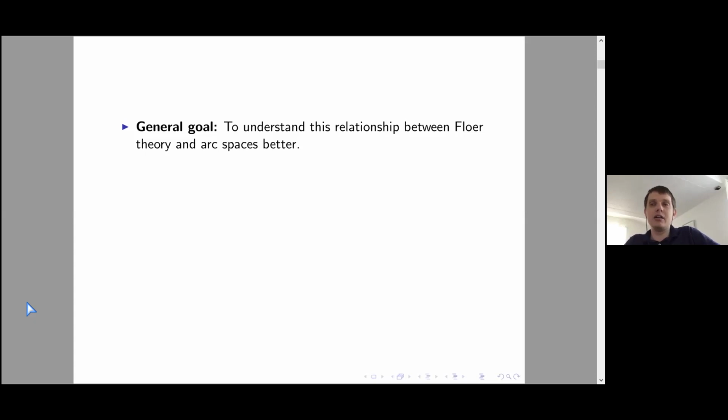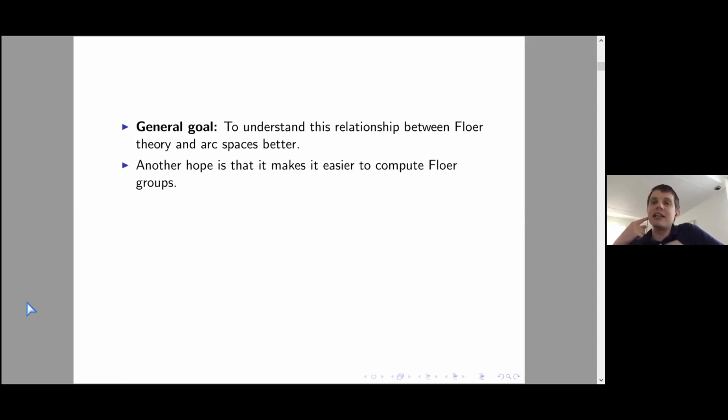But I'll explain some more general things at the end, although I don't think I'll have enough time to explain it, but we can always discuss some things afterwards. One hope is that it should make it easier to compute some Floer groups, a little bit easier, maybe not as easy as I would hope, but a little bit easier.